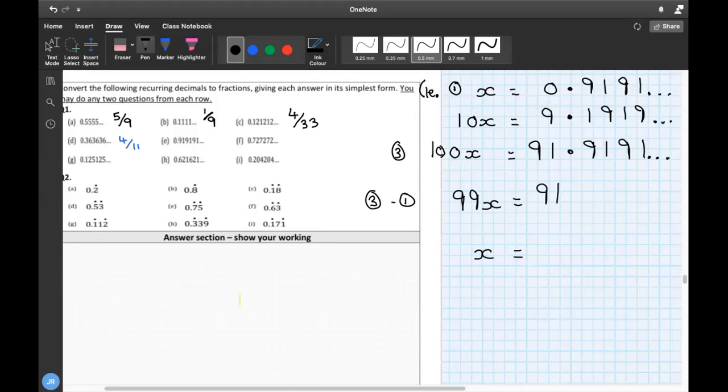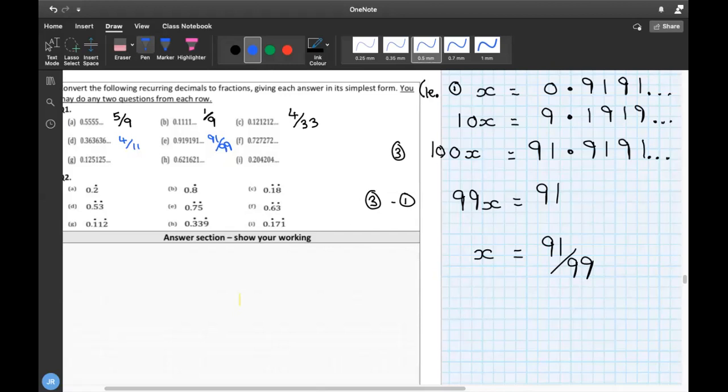To get from 99x to 1x, we're dividing by 99. So we've got 91 over 99. We cannot simplify that any further, so we leave that as our final answer. That's 91 over 99. Now for F, it's very, very similar to these questions. So I'm going to leave all of this working out here, and I'm just going to go straight to our answer.